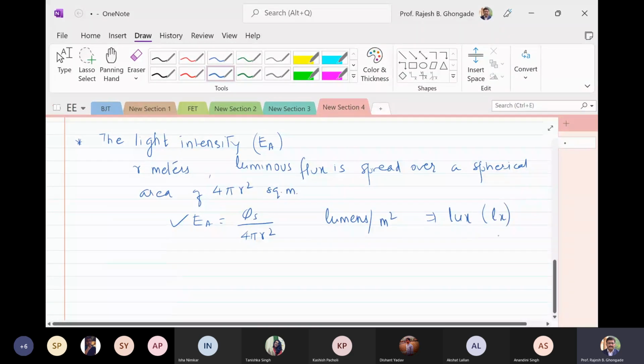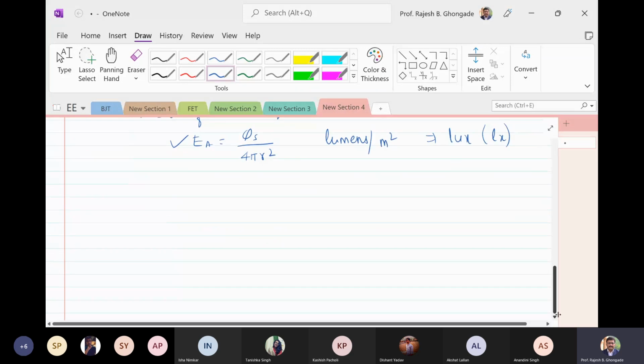So luminous intensity per unit area at any distance r from a point source is determined by dividing the source intensity by r square. You can just get these results from the equation. Luminous intensity can also be measured in milliwatt per centimeter square.